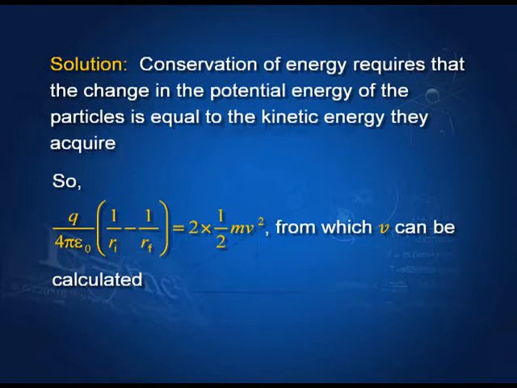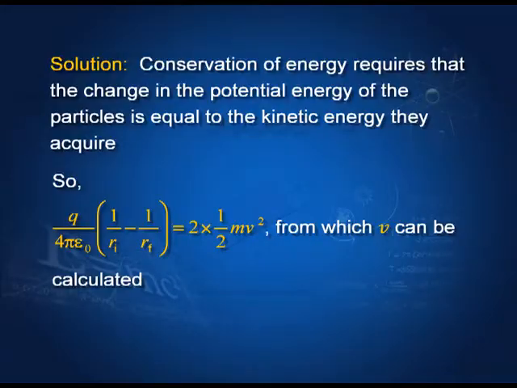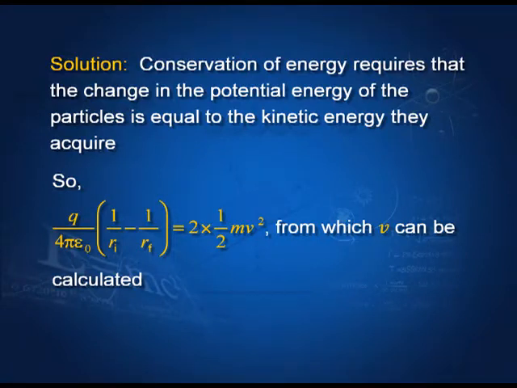So, it is 2 into 1 by 2 m v squared, from which v can be calculated. Two, because there are two particles carrying charge q, therefore 2 into half m v squared, from which if we know r_i, r_f, q, then we can find out v.